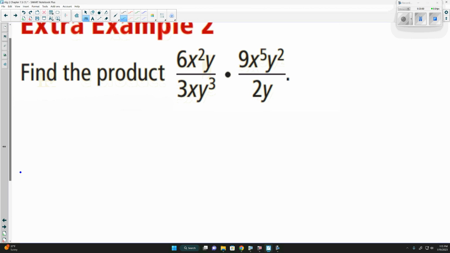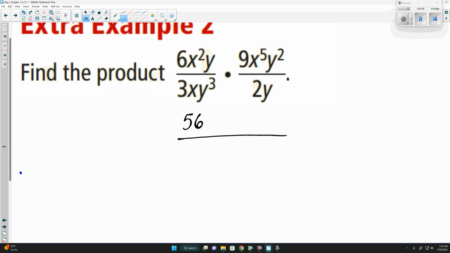Now this one here, so we can multiply the numerators first. 6 times 9 is 54. X squared times x to the 5th is x to the 7th. And y times y squared is y to the 3rd. The denominator. 54, yes.